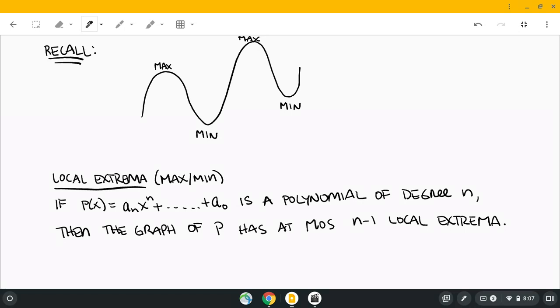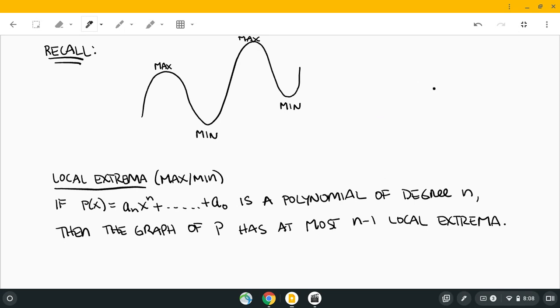So in this particular graph, there are 1, 2, 3, 4 relative extrema. So this definitely cannot be a degree 2 or a degree 3, or a degree 4, because it has at most n minus 1.